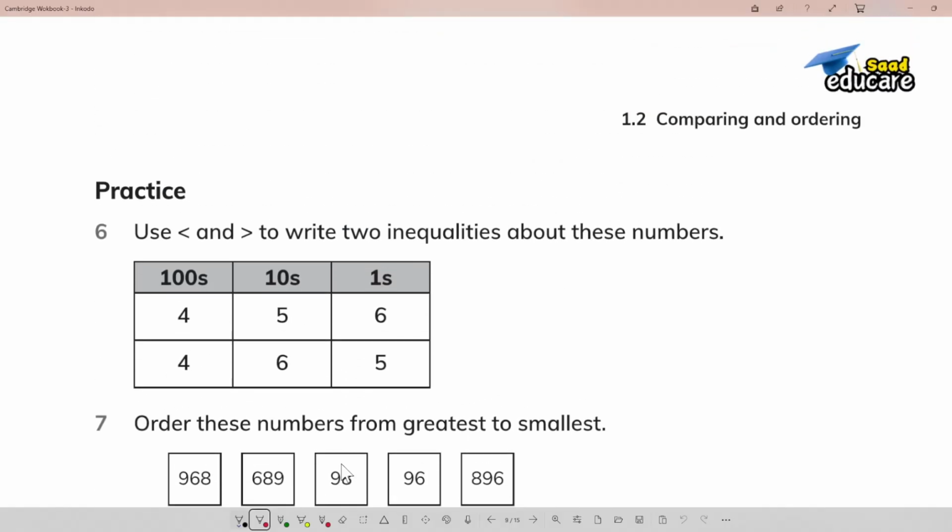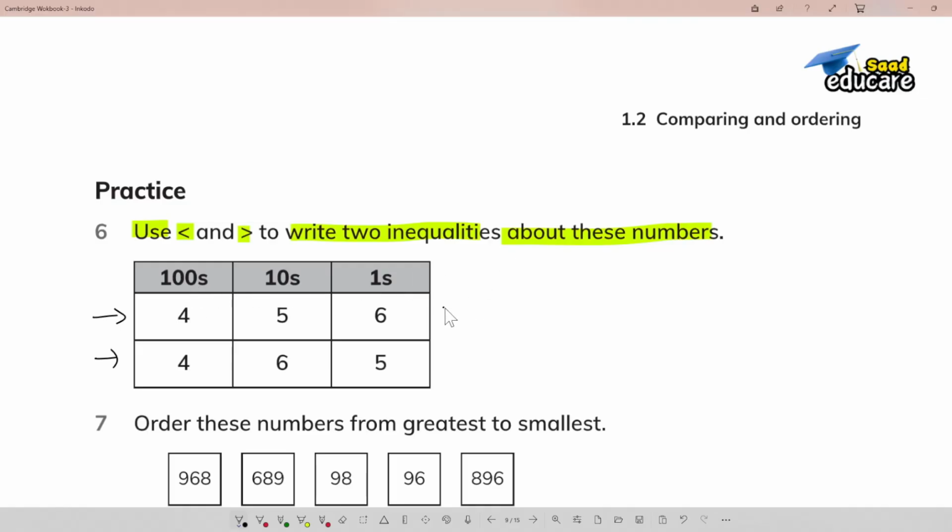Now practice number 6. Use less or greater to write two inequalities about this number. So first one, here are 2 rows of numbers. First column is 100s. Here is 4 and 100.